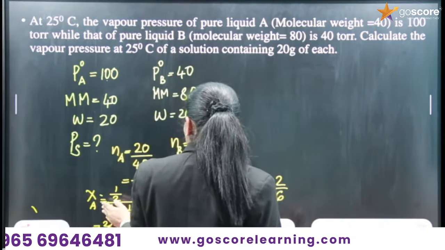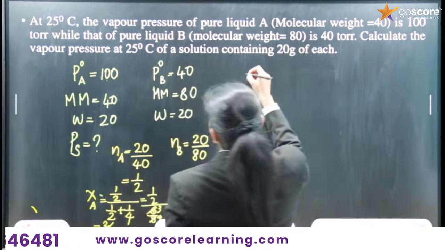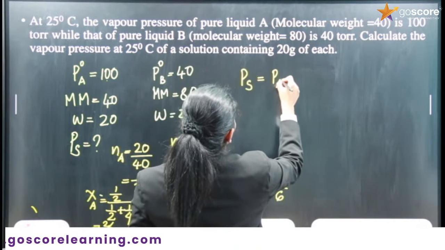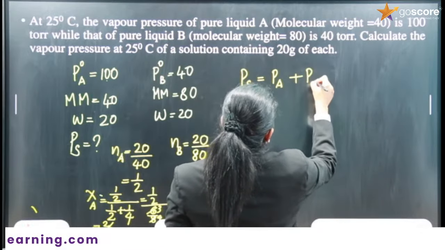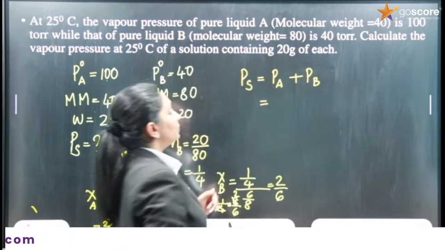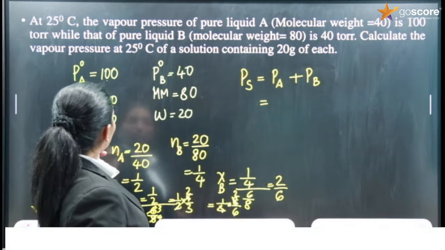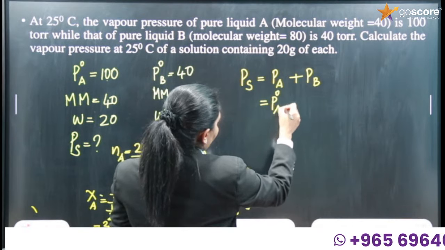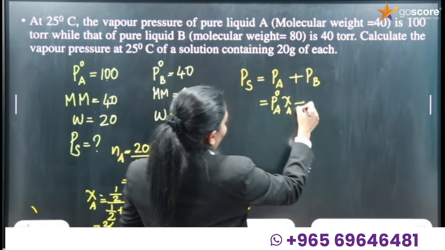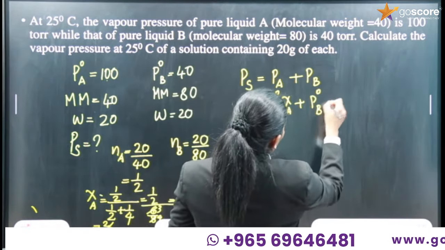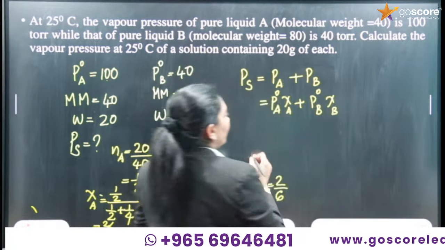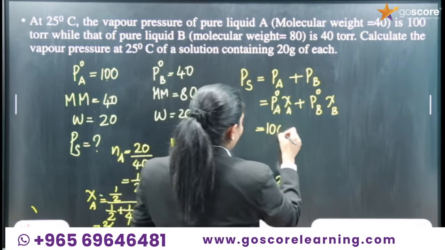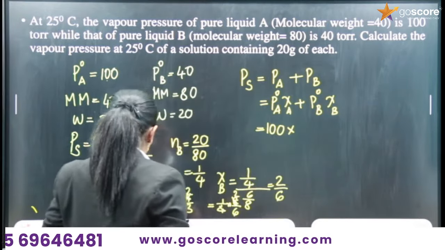Okay. So when substituting the values, P total according to Dalton's law is equal to PA plus PB, that is equal to P naught A into chi A plus P naught B into chi B, right? So what is P naught A? It is given as 100 into the chi A value.